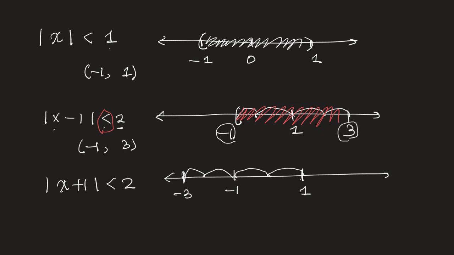The distance from -1 is 2 at -3 and 1. We're looking for less than 2, so the x values are inside. So what is the interval notation? It's going to be -3 and 1. That's how to solve absolute value inequality. It's much easier to find the solution of an absolute value inequality.